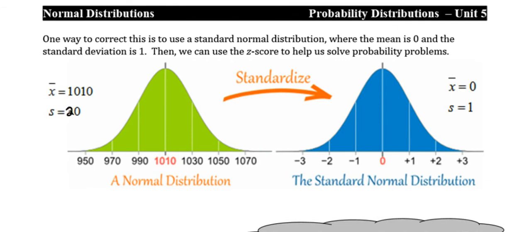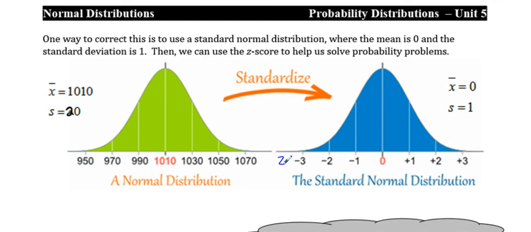The process that you take to change your data into z-scores is called standardization. So we're taking a question which has normally distributed data and changing it into what we call the standard normal distribution, and all of these values get changed into z-scores.